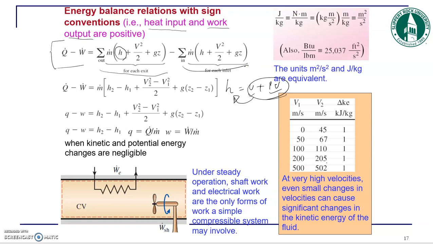So for nozzles, if we consider that there is no change in the elevation of our system, then these terms are going to be zero for nozzles and diffusers. There is a velocity change, and usually in diffusers and nozzles we don't have any heat transfer and no work is being done. So the left hand side of the equation is also zero, and what we have left is the enthalpy and velocity change.